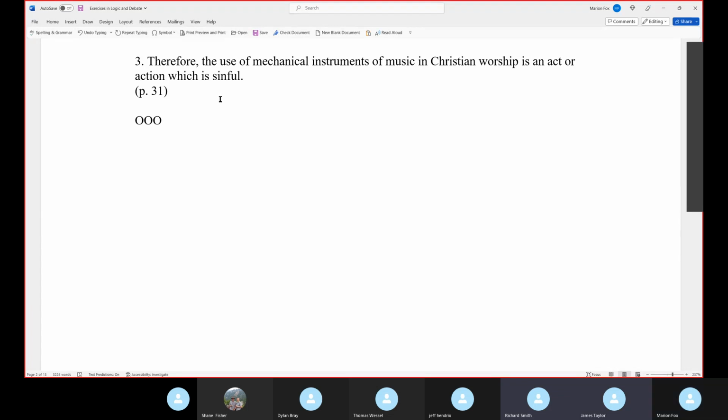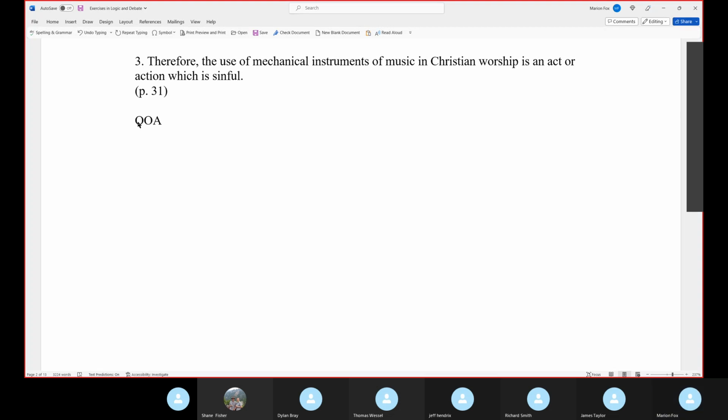Two negatives can't have a positive conclusion. Two negative premises. Okay, it's not valid. What about an OOA? Still not valid. You've got two negative premises. Does that make sense? So you can rule out some of these forms. If you see a form that has two negative premises, it's not valid.